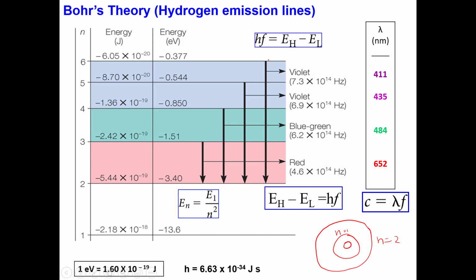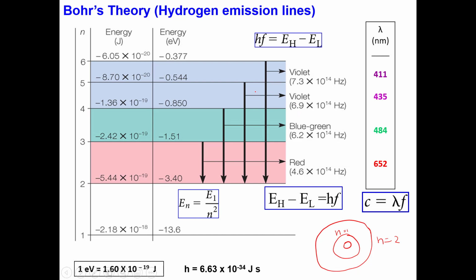For example, if the electron moves from the orbit, in case of the hydrogen, from number 6 to number 2, then this emits this frequency, and this frequency corresponds to the violet. And if we calculate the wavelength, this corresponds to the violet.